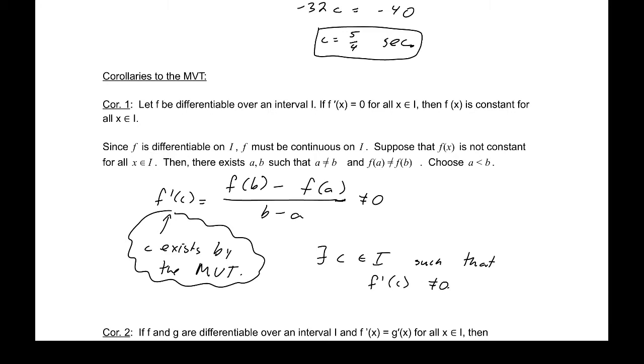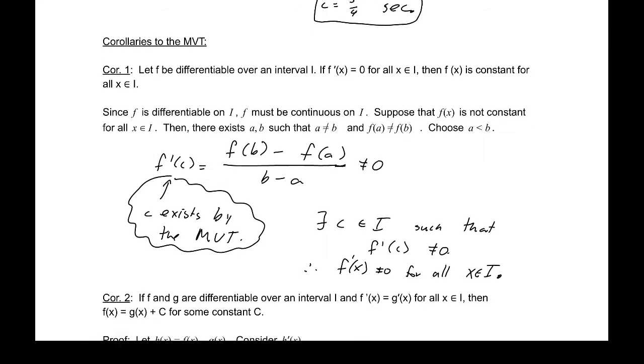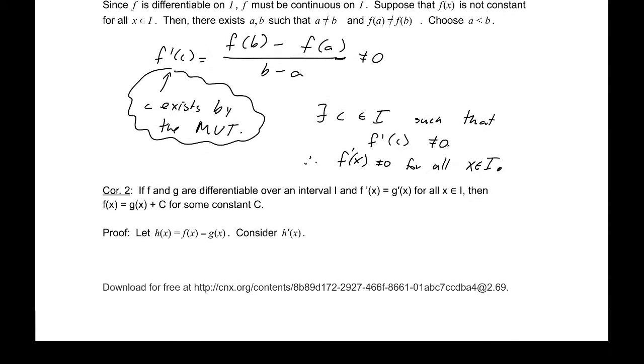And therefore f prime of x is not equal to 0 for all x in that interval. The derivative can't be 0 then, if we have a point where it's not 0, and that concludes the proof. So if the derivative is 0 for a function, then the function must have been a constant. All right, corollary 2.